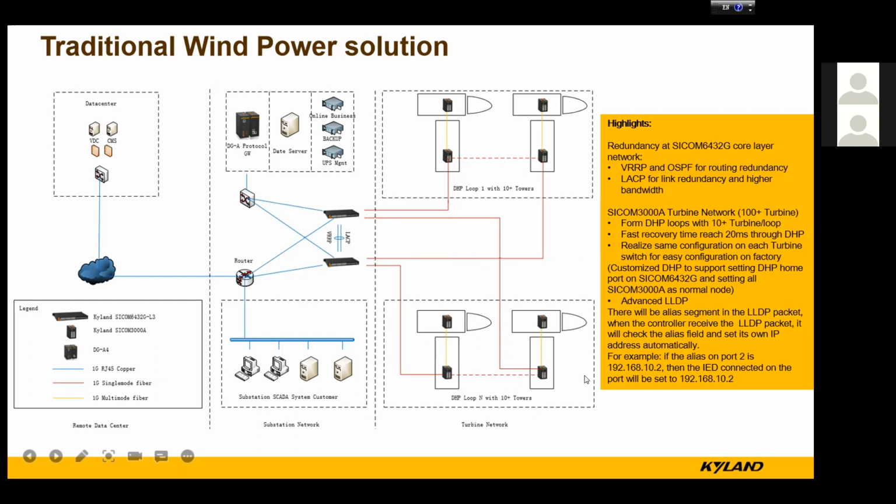So in this project, we modified the mechanism of DHP, and we put the whole node on the core switch. So all the access switches will be normal nodes and keep the same configurations, so that we can keep the same configurations for the bottom switches.